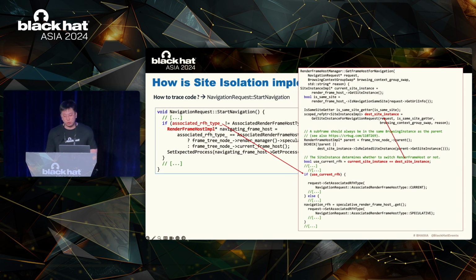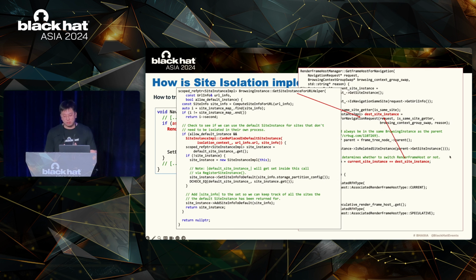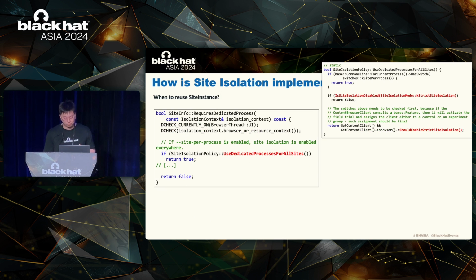It's determined by use current RFH in GetFrameHostForNavigation, and this is determined by whether the current site instance is consistent with the destination site instance. Finally, we found that the generation process of the destination site instance will try to reuse the origin site instance. If possible, it will be loaded in the old RenderFrameHost. Otherwise, it will be loaded in a new one, which means a new process is created.